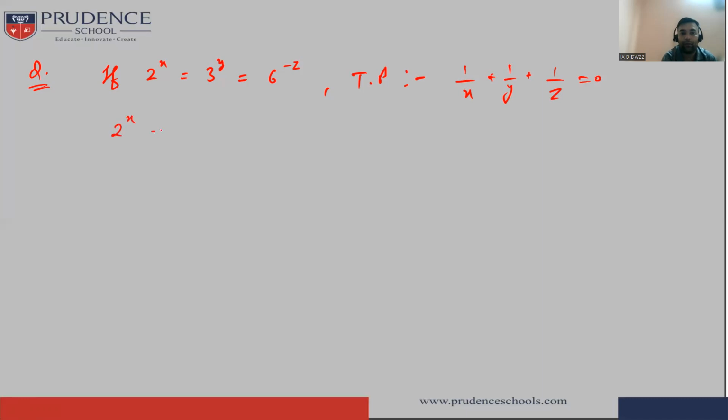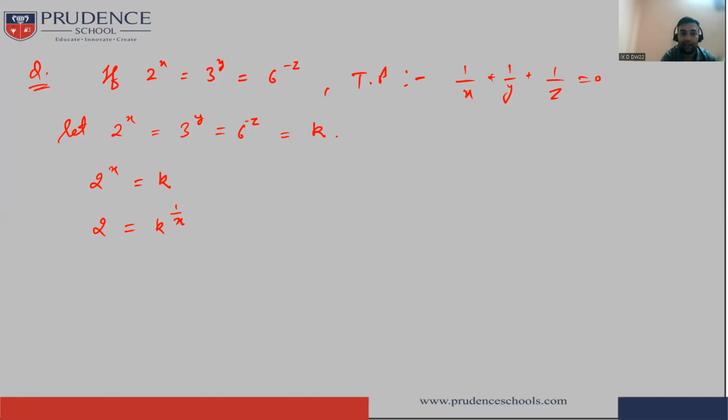So what we need to do here is, all these numbers, 2 raised to power x is equal to 3 raised to power y is equal to 6 raised to power minus z, let them be equal to k, right? So if 2 raised to power x is equal to k, then 2 will be equal to k raised to power 1 by x, right?